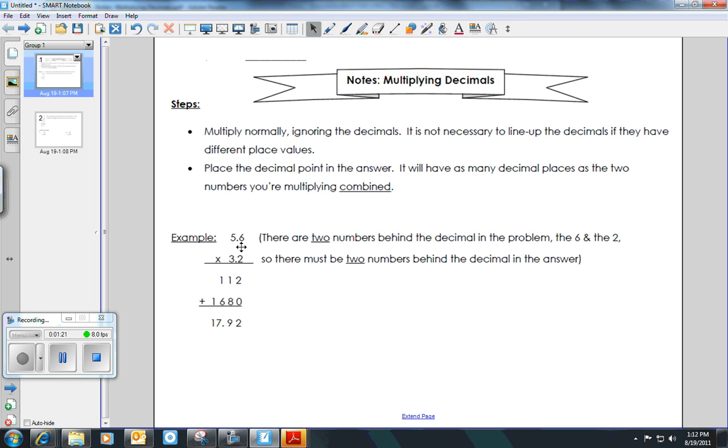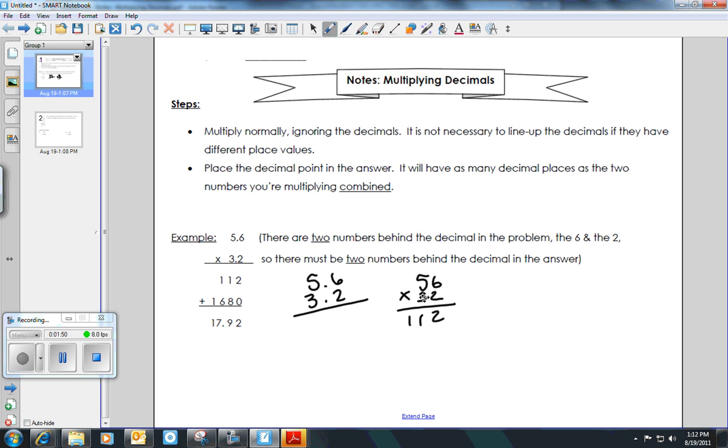So, if we're going to multiply 5 and 6/10 and 3 and 2/10, then we'll go ahead and do it just the regular old multiplication way. You have 5 and 6/10, 3 and 2/10. You're going to multiply like it's 56 times 32. You would multiply out.